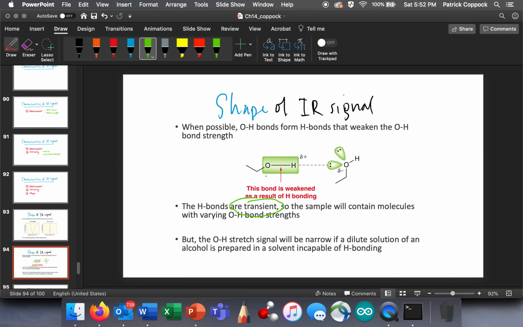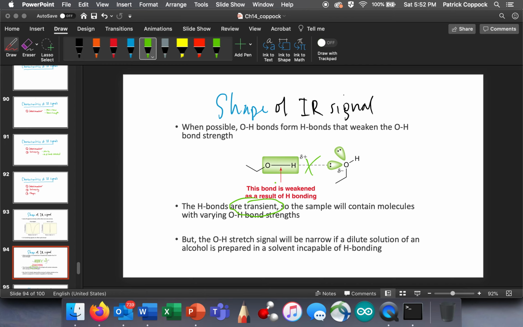If there were no hydrogen bonds, this would not be a broad peak. It would have a very characteristic wave number. However, since these molecules are floating along in solution, and rather frequently there will be another electronegative element which makes this transient interaction, that weakens this bond.